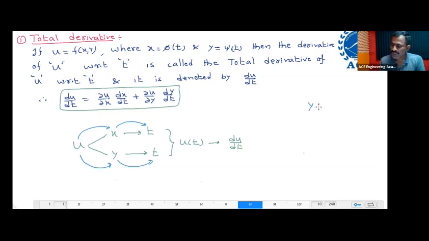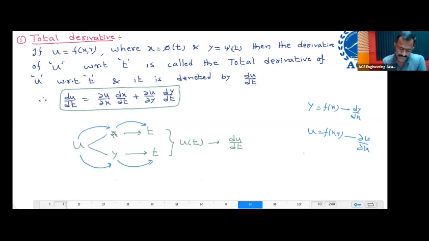Whenever a function is a function of one independent variable, derivatives are ordinary derivatives. Whenever a function is a function of more than one variable, 2, 3, 4, like this, the derivatives are partial derivatives only. So depending on the number of independent variables in the relation, we have two different types of derivatives, ordinary and partial.